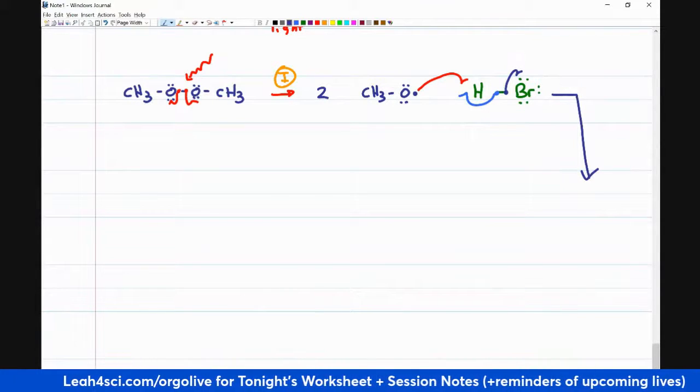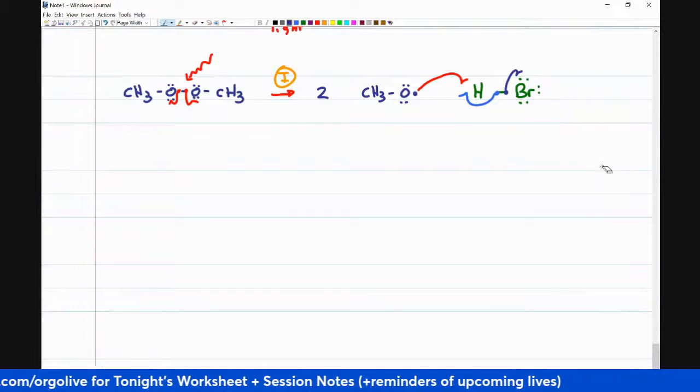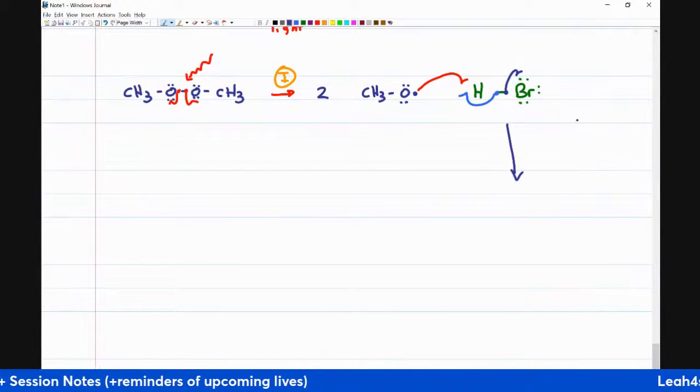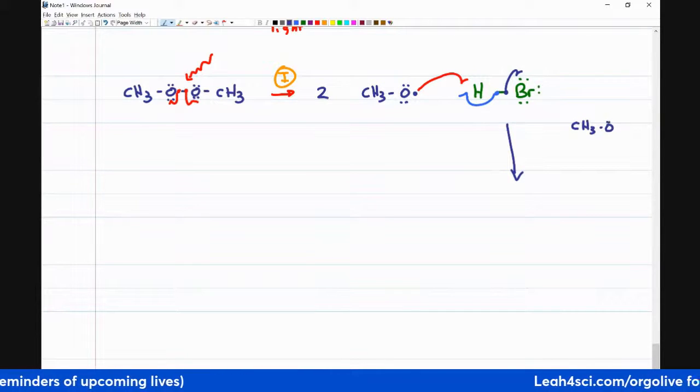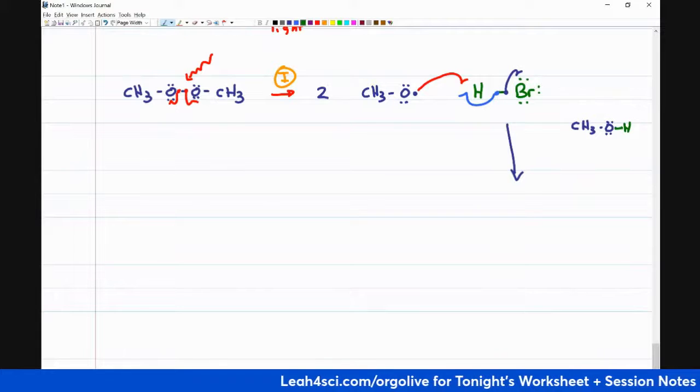This is going to give me, let's move this like this. Somewhere off in solution, I now have my CH3O bound to the hydrogen. I formed an alcohol. It floats away. We don't care about it.